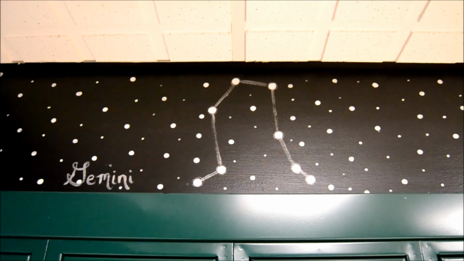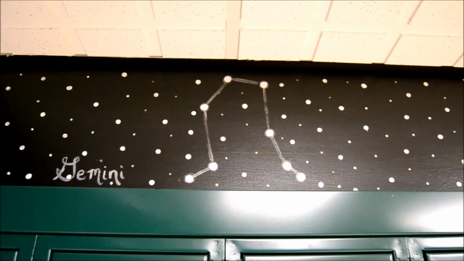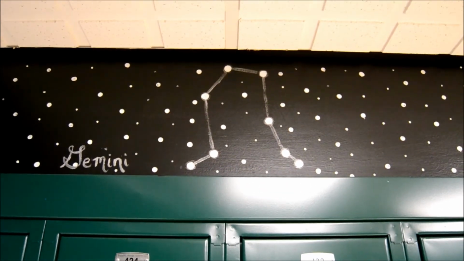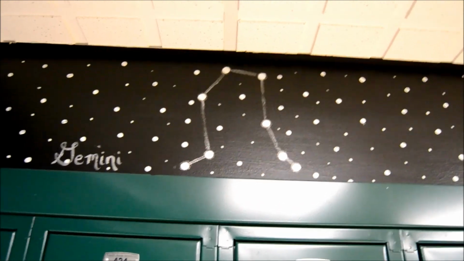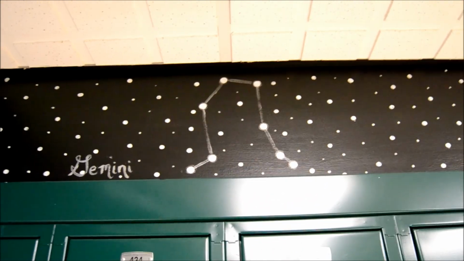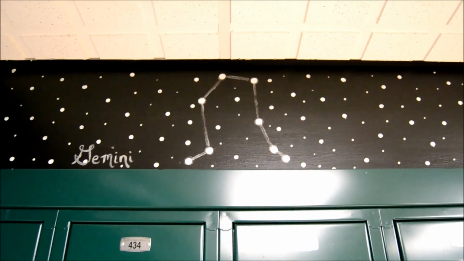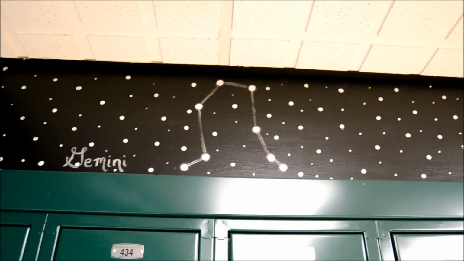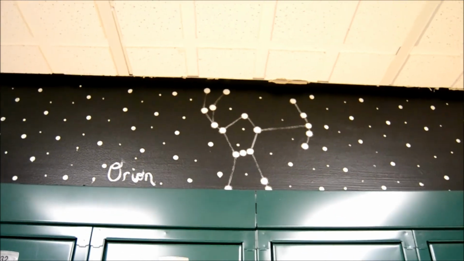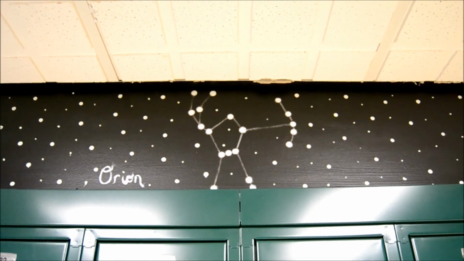Okay, welcome back to the alcove. Here's what you guys have been walking through all year long. As you're going into the room, on the right hand side, these are the lockers on the right hand side, and these are your constellations known as your winter constellations. So Gemini, Orion, Taurus. Orion is one that is easy for you to see.